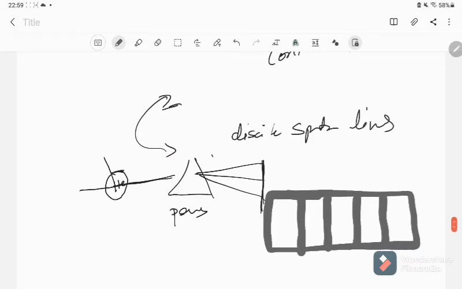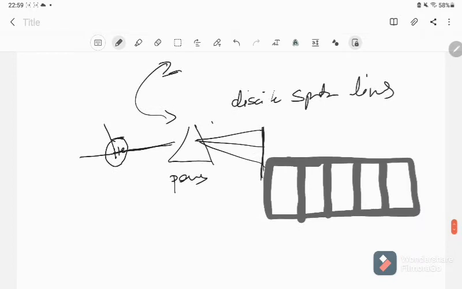This is called atomic spectra, because here we are heating helium atoms, so we are getting atomic spectra. It is not continuous, see, a gap is there. You can check the diagram from the textbook.